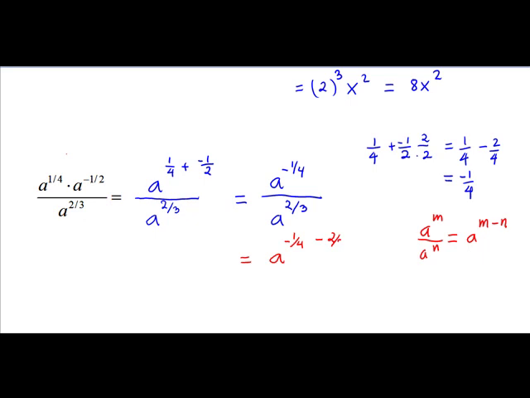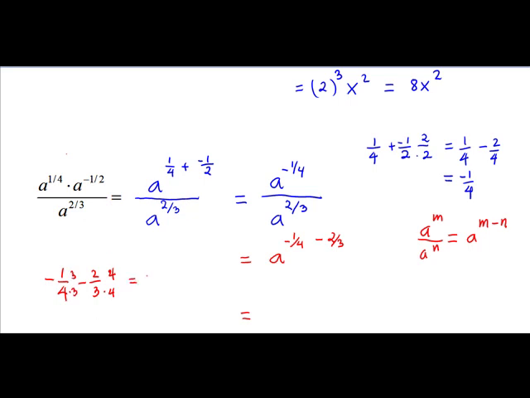Let me rewrite this. So I have minus 1 over 4, then minus 2 over 3. The LCD here is 12. So I multiply the top and bottom of the first fraction by 3, and over here we multiply by 4.